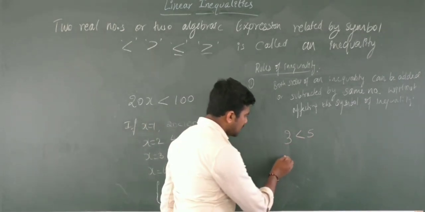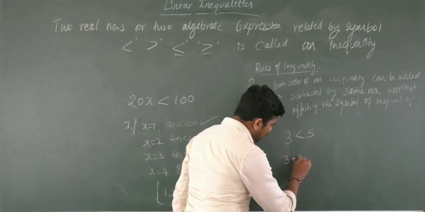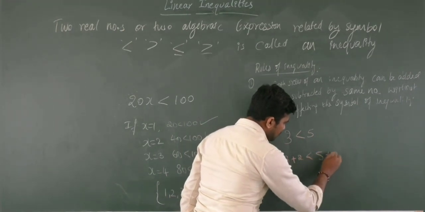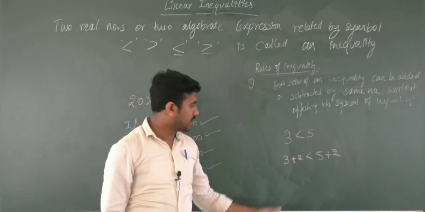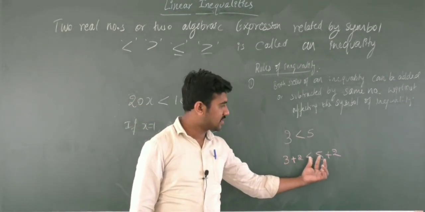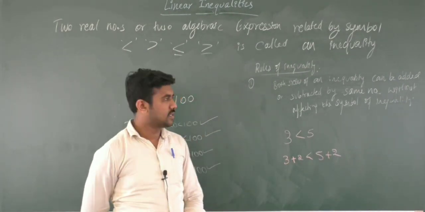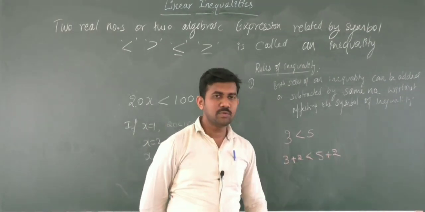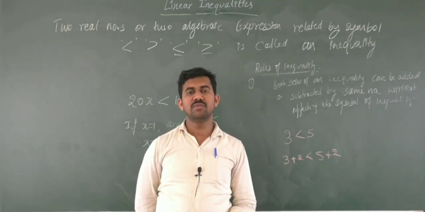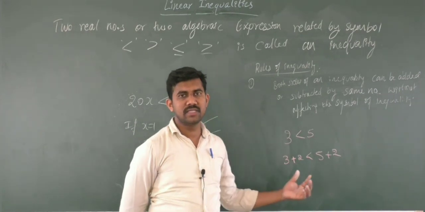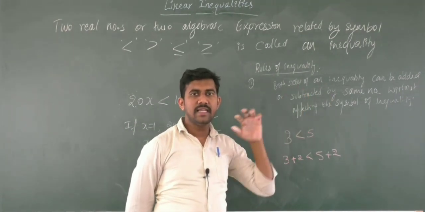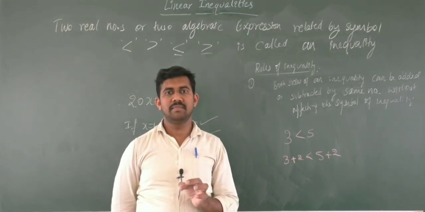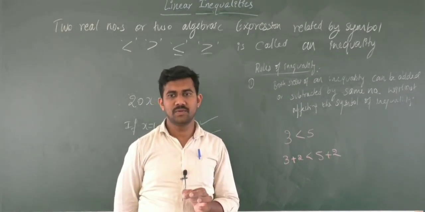Now, if you add 2 on both sides, then it does not make any difference. You will get the same: 5 is less than 7. Here we added 2 on both sides. Similarly, we can subtract 2 or any number on both sides, and the inequality remains the same.